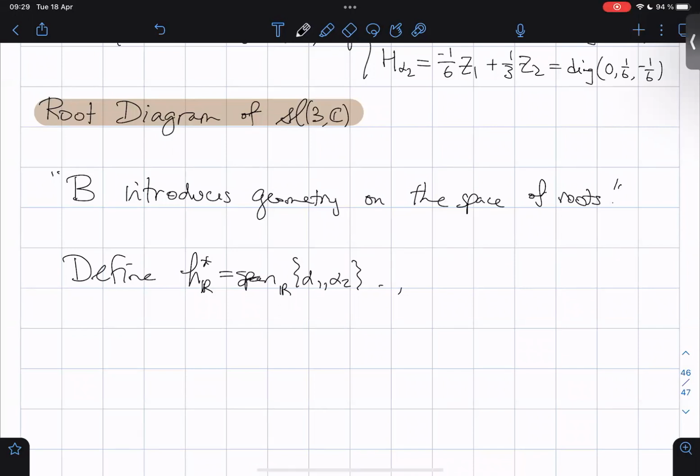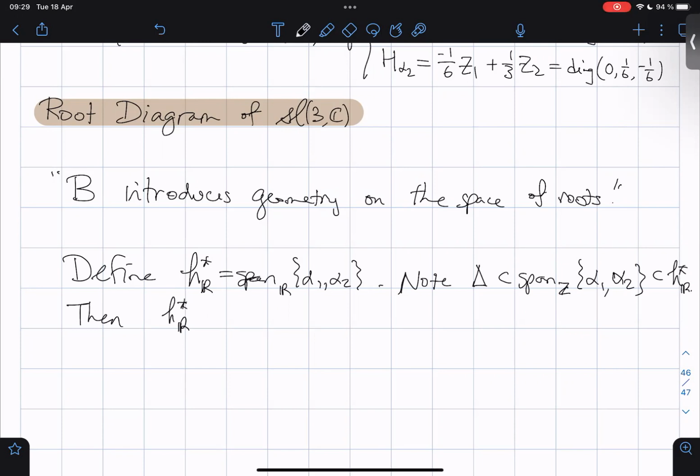Note that the root system is sitting even smaller, in the Z span of alpha 1 and alpha 2. So let's work in this real slice. If we take this real slice of this complex vector space and equip it with this non-degenerate pairing, that is going to be an honest inner product space that you're familiar with from first year linear algebra.